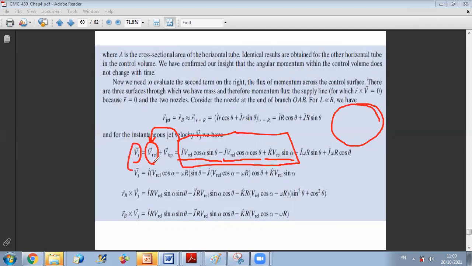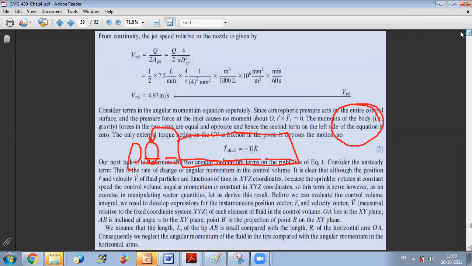This is why we should compute the total velocity of the jet. To do this, we should add to V relative the velocity at the tip. So we'll go back to the figure to calculate the velocity at the tip.